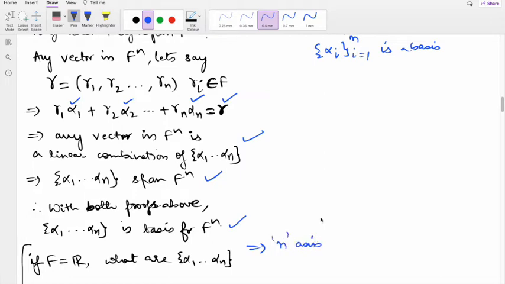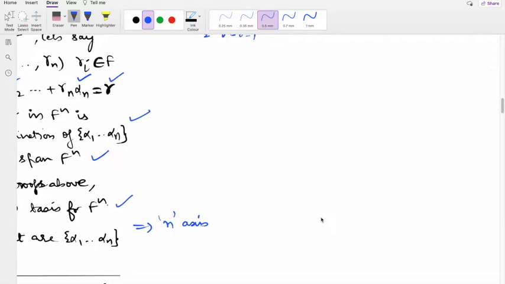So in physics you might have heard about the i, j, k unit vectors and so on, right? All of those ideas come about from here.